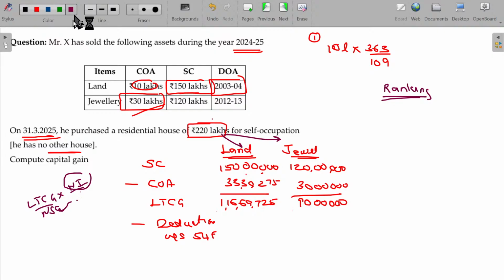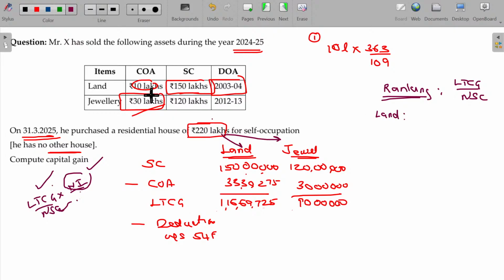If this number is higher, then you can claim more deduction. If this number is lower, you will claim lesser deduction. So for example, in case of land, I am going to rank based on long-term capital gain of such asset divided by net sale consideration.